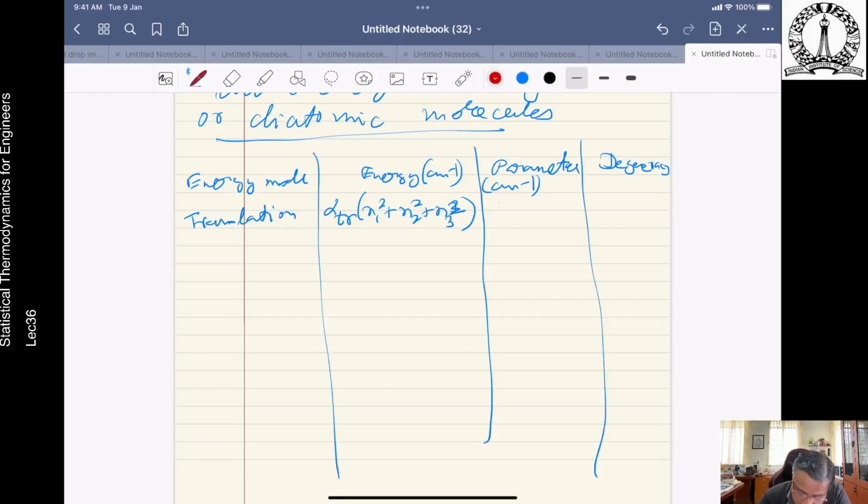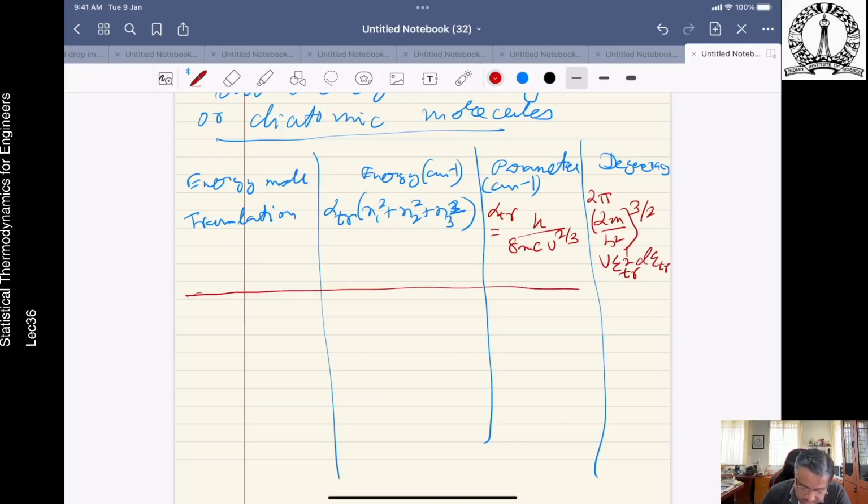And alpha TR was equal to, if you recall, h divided by 8 m c to the volume 2/3, and the degeneracy was quite a bit, 2 pi to m. This almost appears continuous. That's why spectroscopically this is not a very good thing. So that was the degeneracy for the translation.